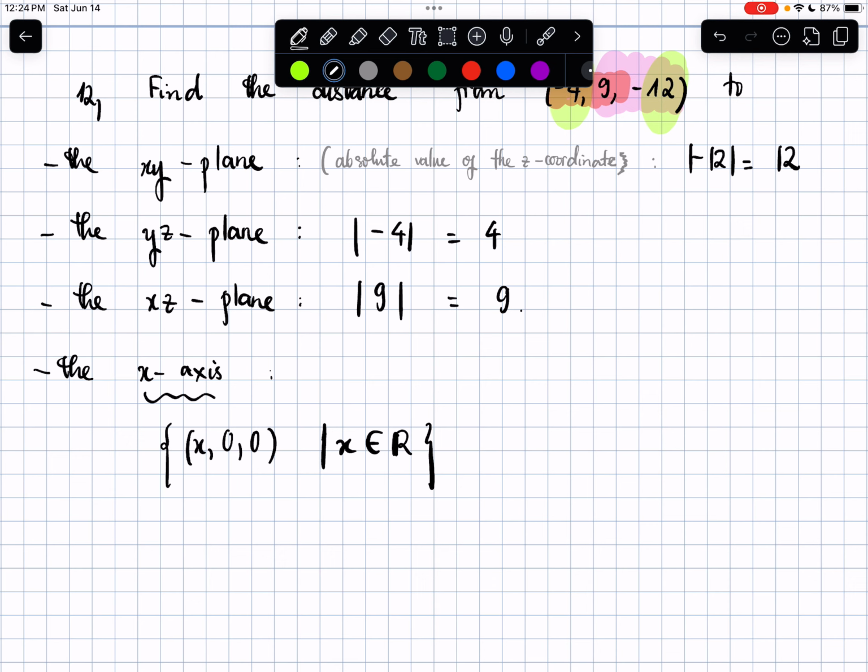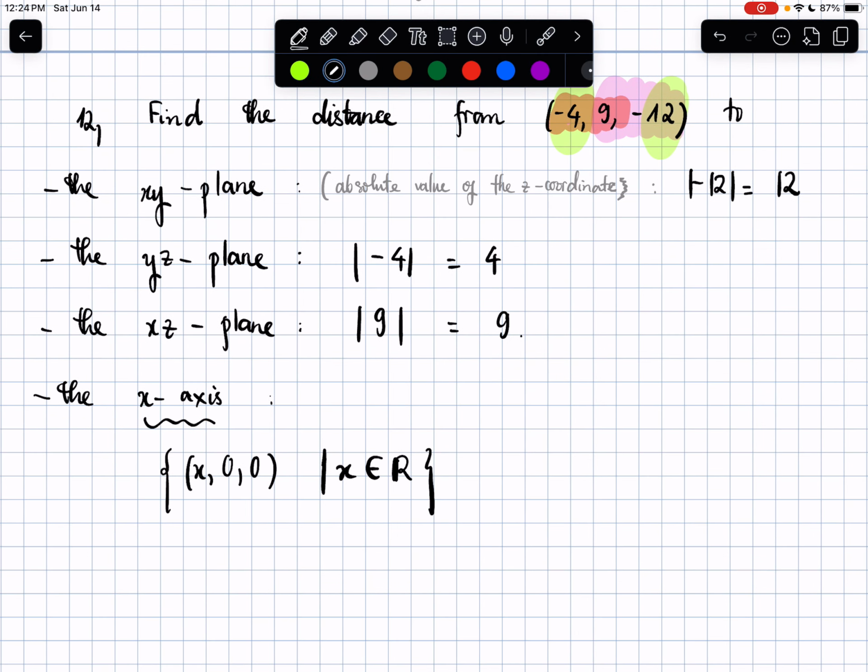So the distance from here to this axis is the shortest distance from this point to this axis, which is the distance to the closest point on the x-axis to this point.